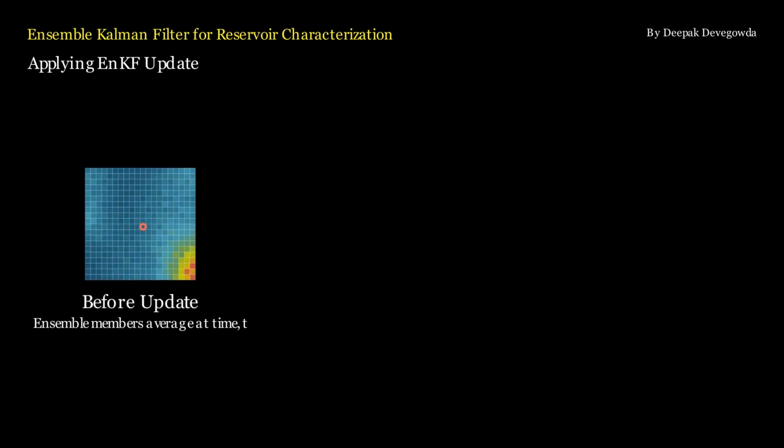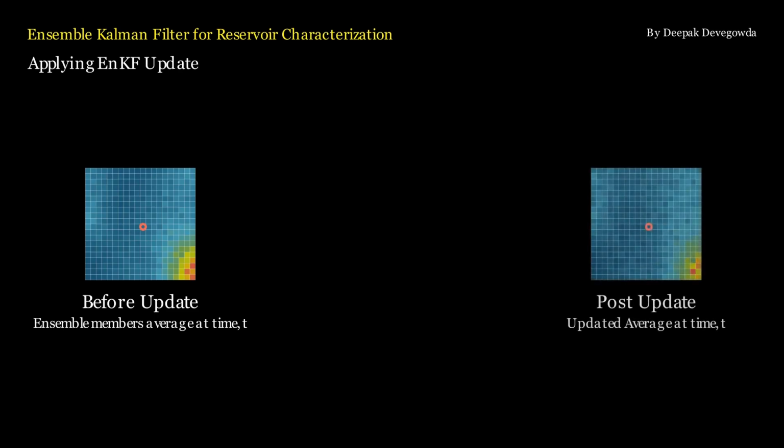We apply our update, and again we have a permeability field and a porosity field before the update at 20 days, and when we apply the update we have an updated permeability field and porosity field and pressure and saturation field as well, because we're updating the entire state vector.